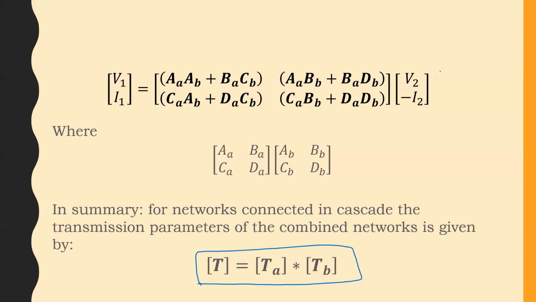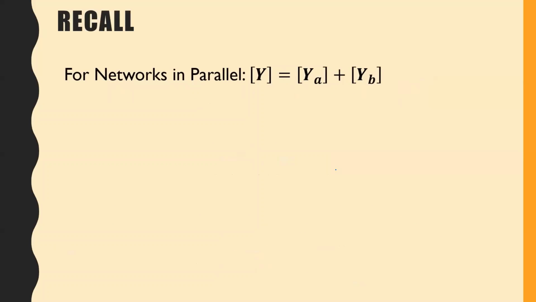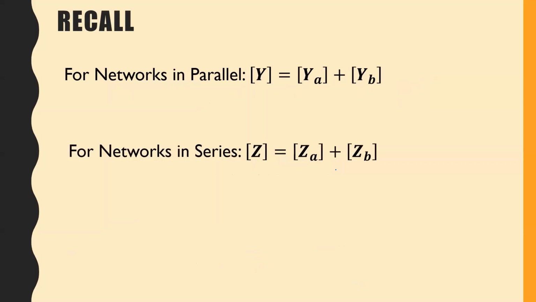Okay, so in summary, if networks are in parallel, the admittance parameters of the combination is given by the sum of the individual admittance parameters. If they are in series, it's the sum of the impedance parameters.